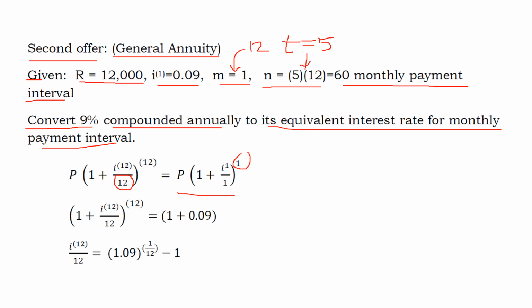If we simplify this, the value is 1.09 raised to 1 half, minus 1. Why is that? Your exponent here is 1 half, so we simply take the ratio, that will be 1 over 12. This will be your exponent and 12 there as the denominator.